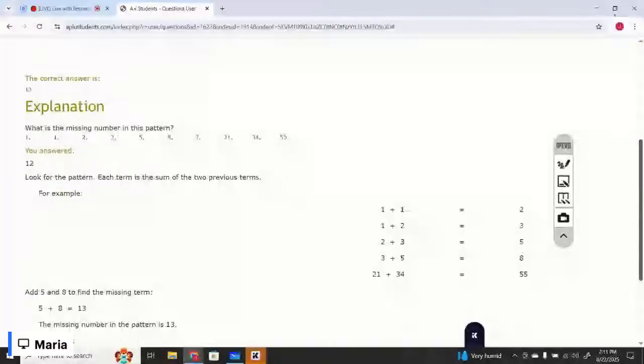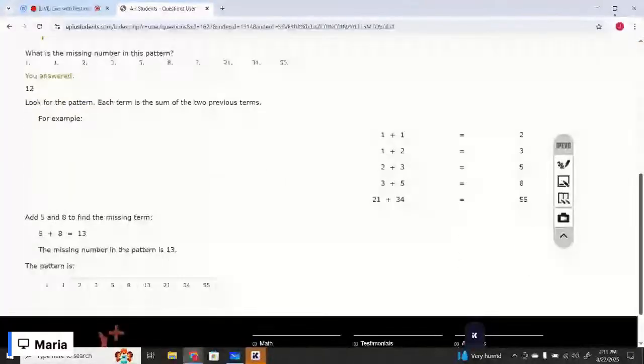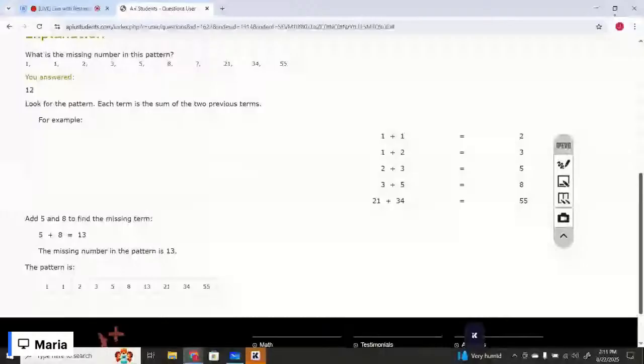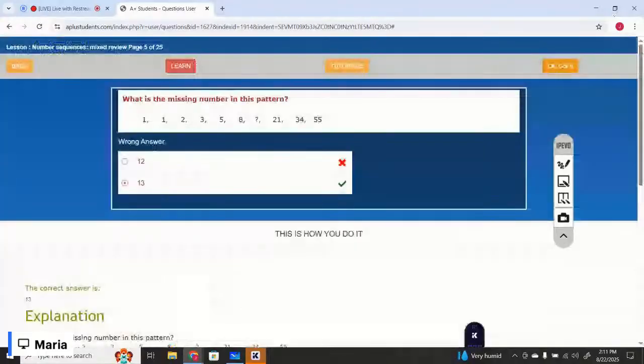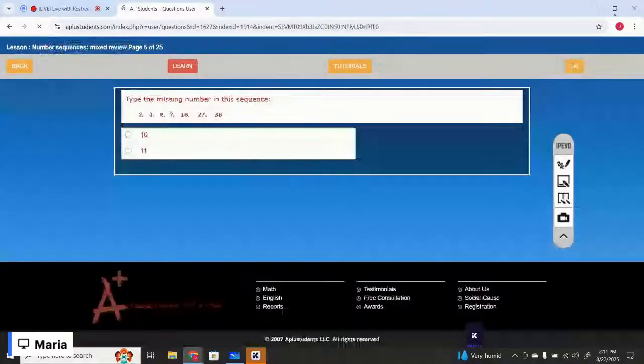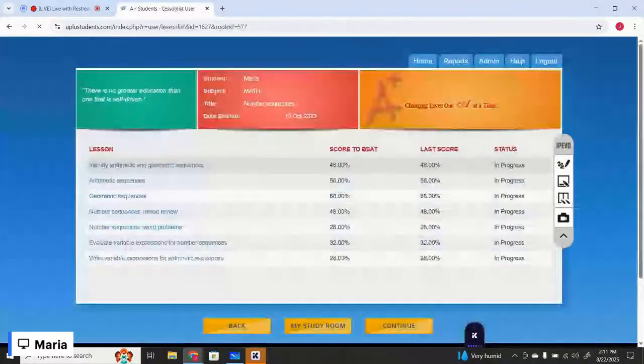So the missing number is 12. I don't know how it is 13. It must be 12. Okay, and complete the lesson by yourself today. Let me just move on to the next lesson.